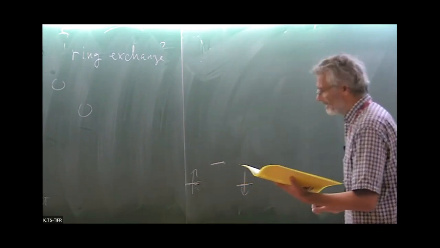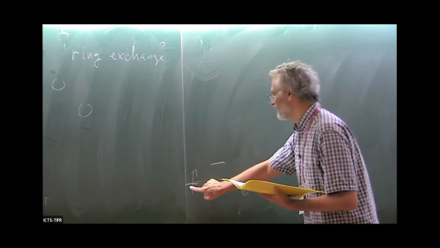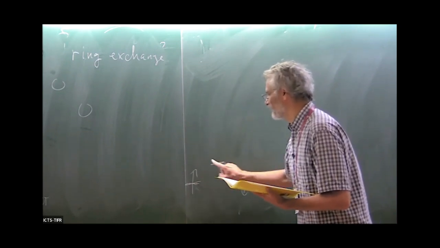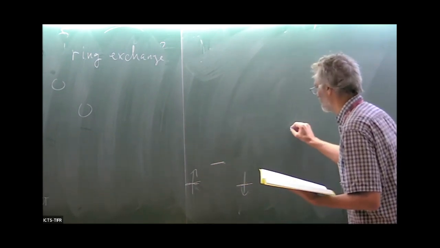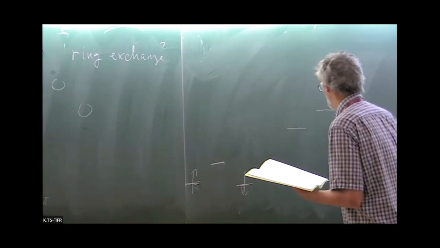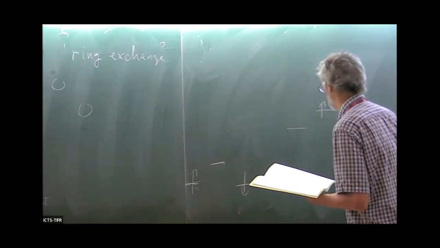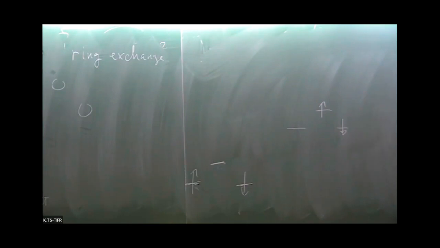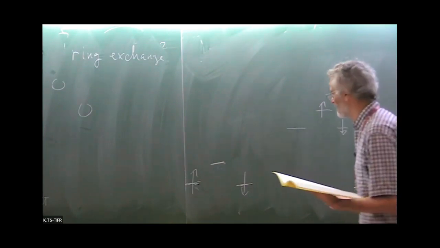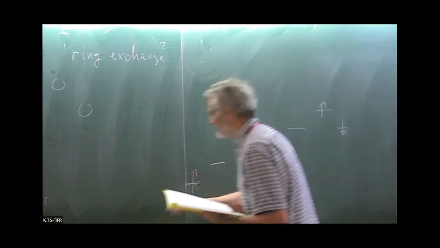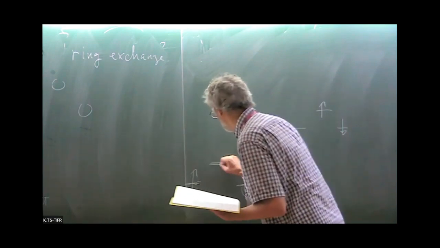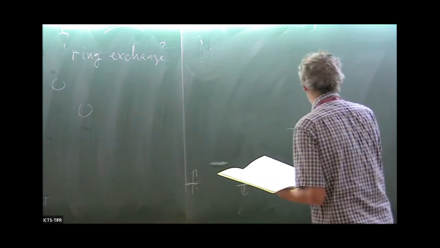Oxygen is empty. There is a hopping that will move this electron from copper to oxygen. Then we have some excited state. We moved it to the p orbital of the oxygen. So this is the green, the p orbital of the oxygen.